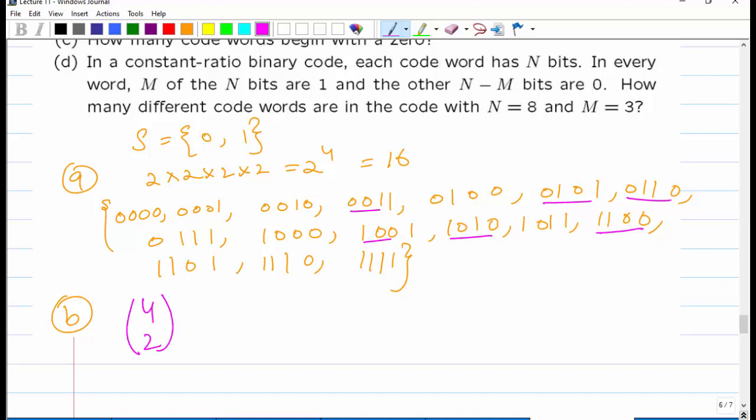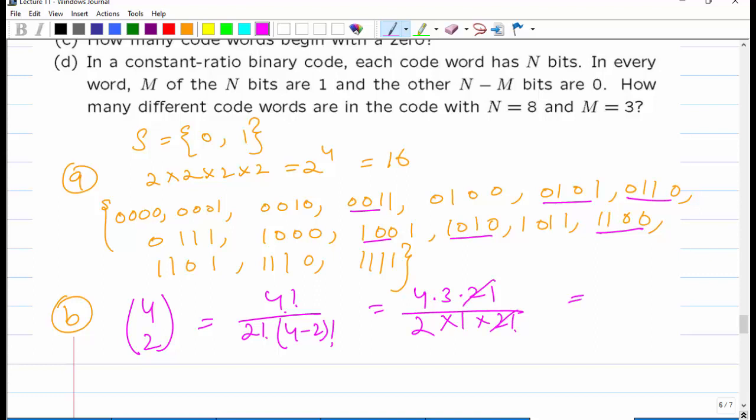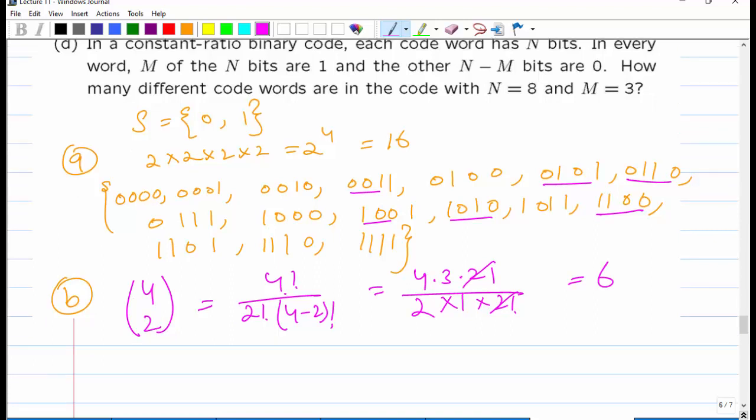So 4 choose 2 is 4 factorial divided by 2 factorial into (4 minus 2) factorial. This will be 4 into 3 into 2 factorial divided by 2 into 1 into 2 factorial. So this is 12 by 2, which is 6.